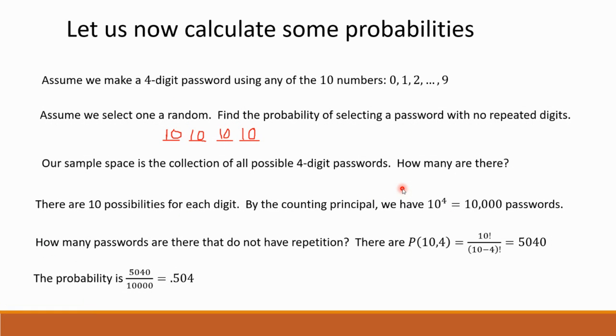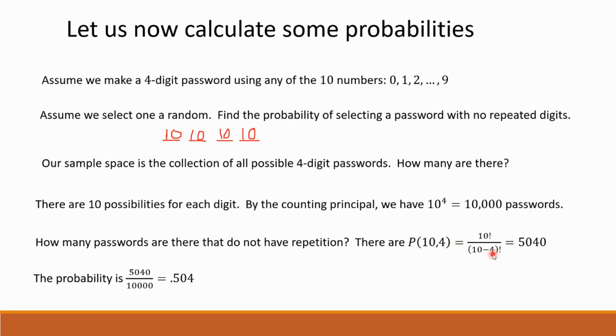But we're only interested in how many passwords are there with no repetition. And that's exactly what this number is. P of 10, 4. That's what the permutations are. Remember, the order does matter here. The order matters.